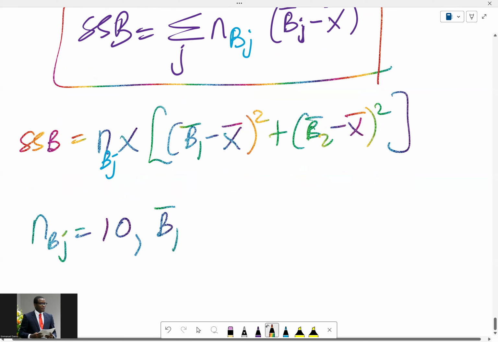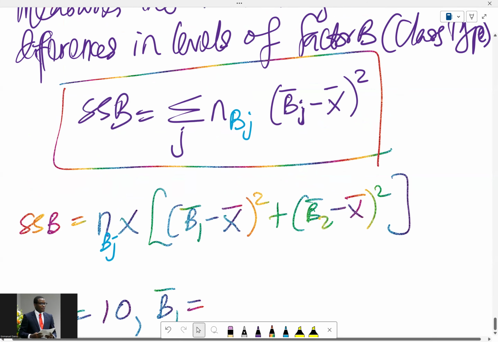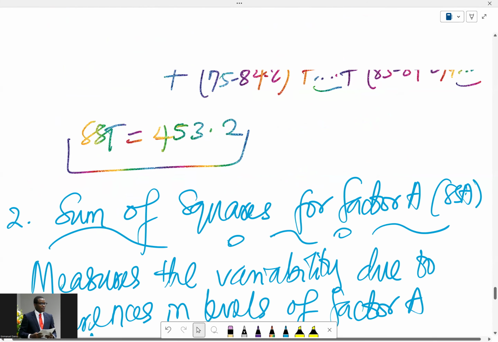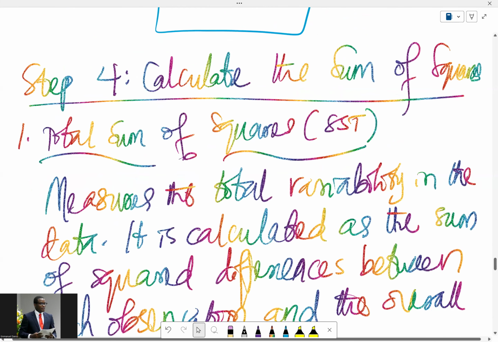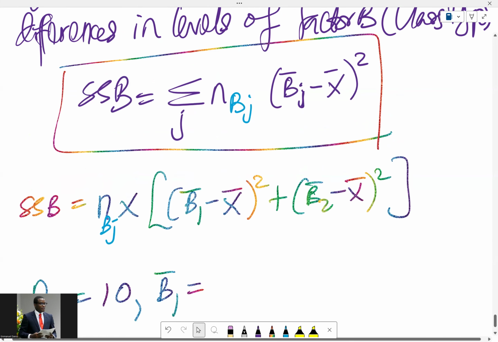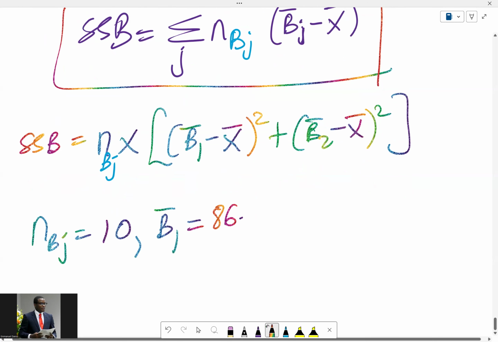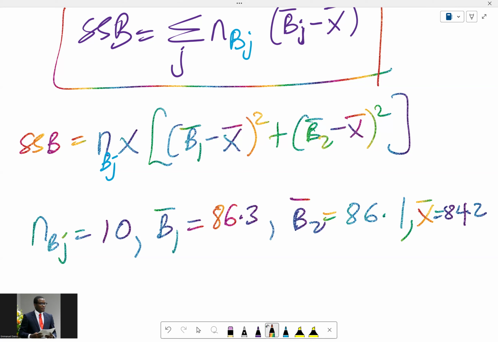We need B1 bar, which is 86.3, and B2 bar, which is 86.1. And of course, don't forget X bar is always 84.2, the overall mean. So let's do that.